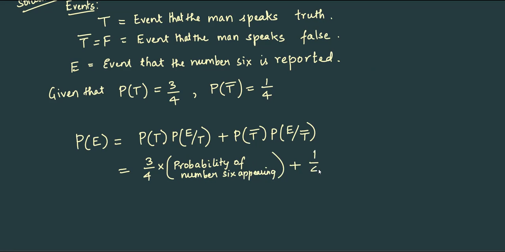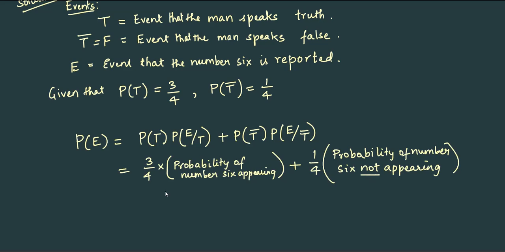Now he speaks false, but he is reporting 6. That means the probability of number 6 not appearing. Probability of number 6 appearing, this is he is speaking truth.